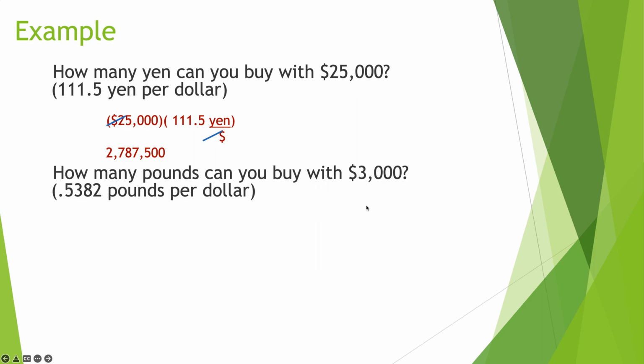How many pounds can you buy with $3,000? There are 0.5382 pounds per dollar.